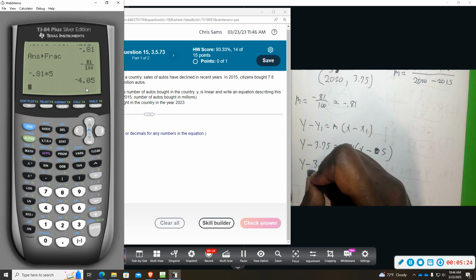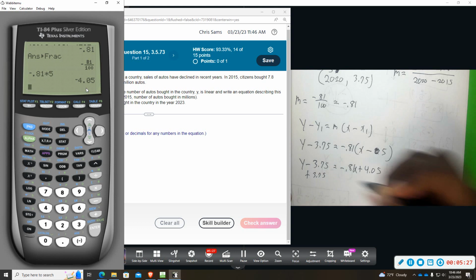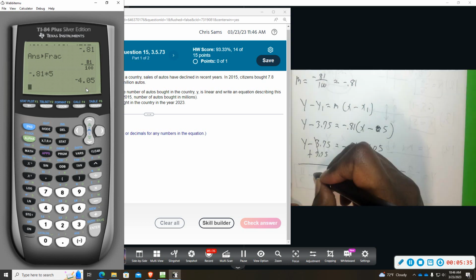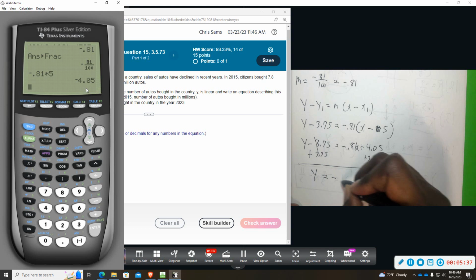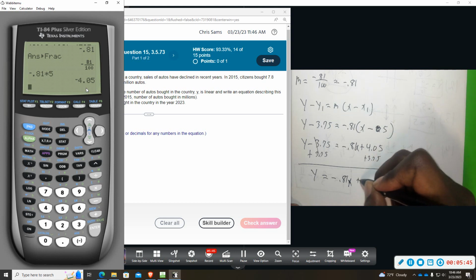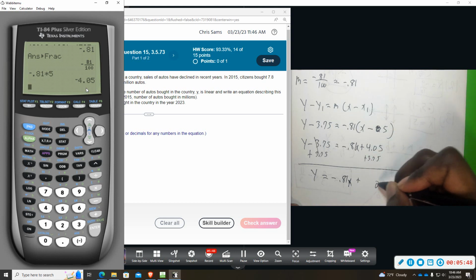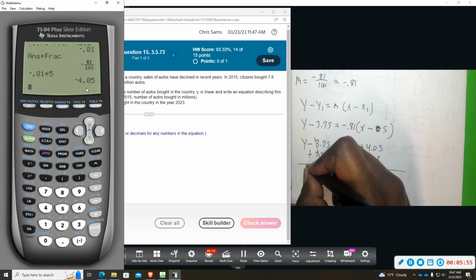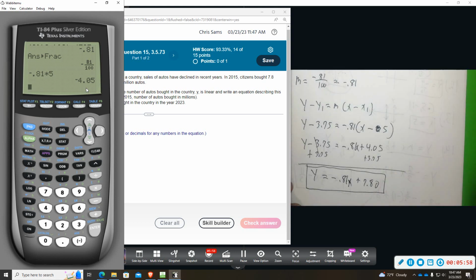And then I'm going to add 3.75 to that. So y equals negative 0.81x, which represents the declining sales, plus 7.80. So this will be our linear equation that represents the sales.